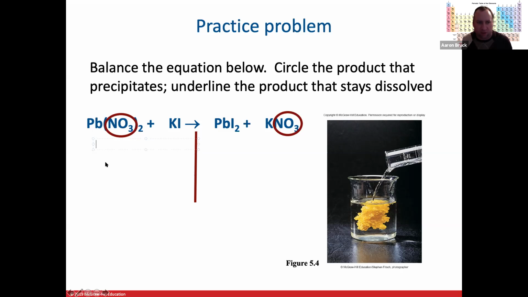So I'm going to evaluate lead, nitrate, potassium, and iodine. I'm going to do that on both sides of this equation.